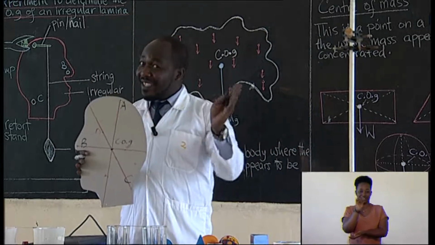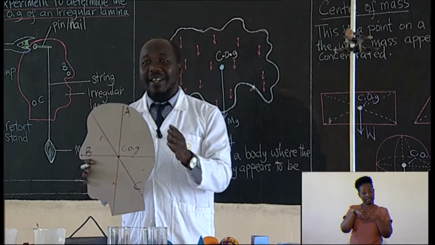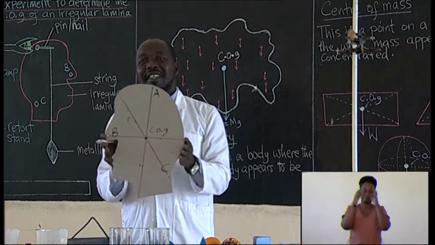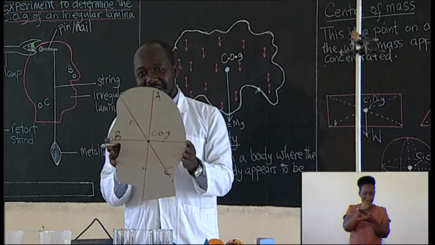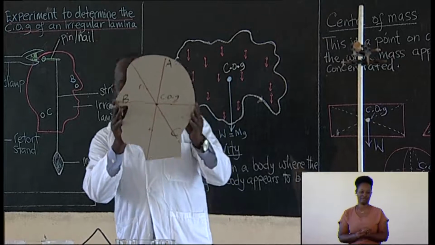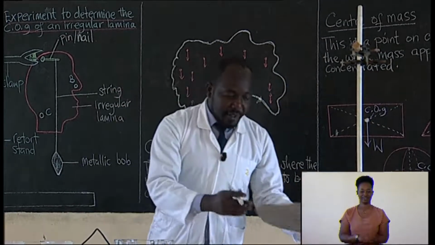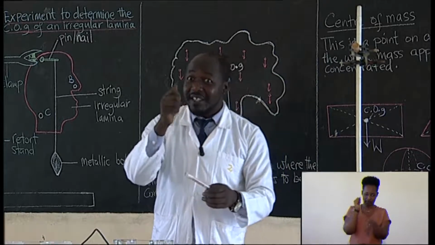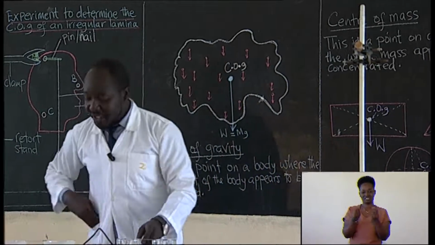I never forged anything. I did it nicely. You can do this. And you will also determine the center of gravity. Okay? Great. So, when you go back to your school, try doing this experiment. Very easy, and you can succeed in doing it.